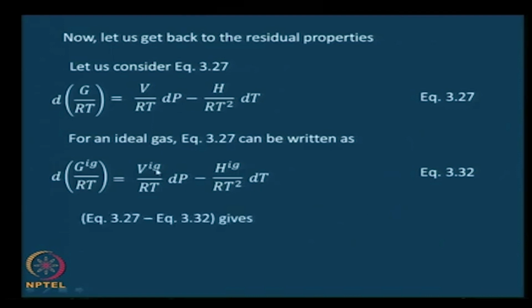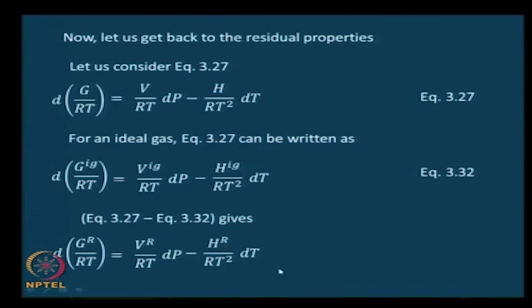Now, if we subtract 332 from 327, note this is the actual value, this is the ideal value, and therefore actual value minus the ideal value must give us the residual value. Therefore, D of G residual by RT equals V residual by RT dP minus H residual by RT squared dT.